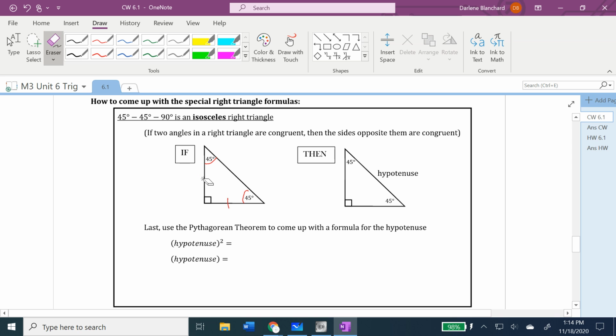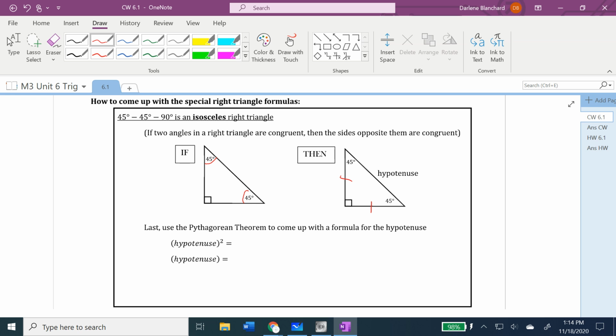So what I'm actually wanting to show is if those two are congruent, then these two are congruent. Yeah, there are a lot of things we forget, but hopefully this brings it back to you.